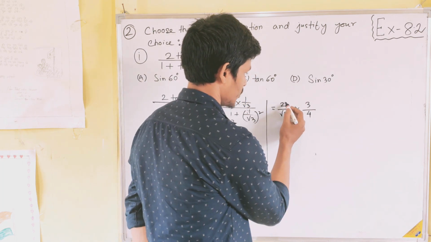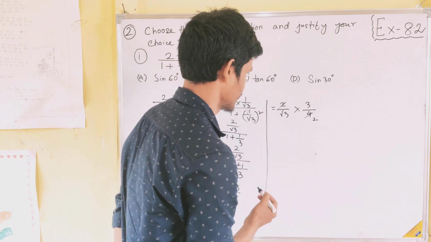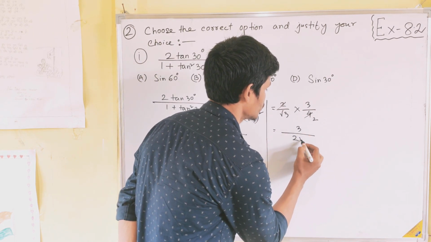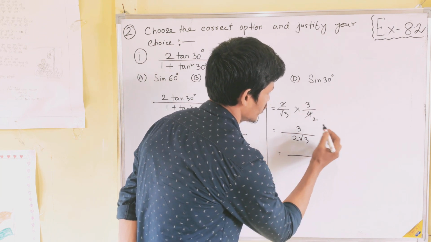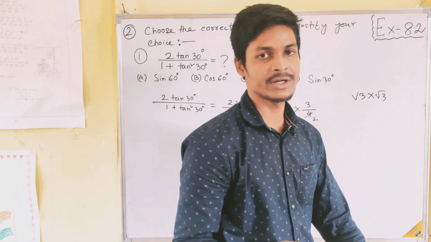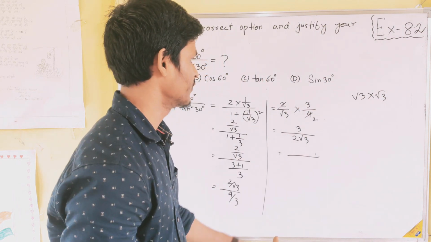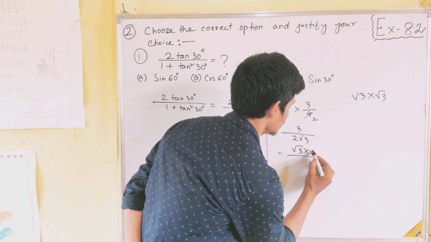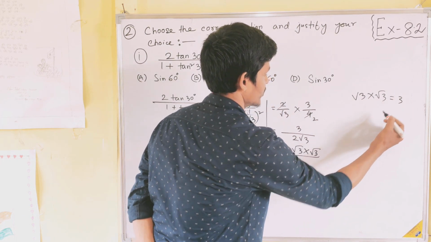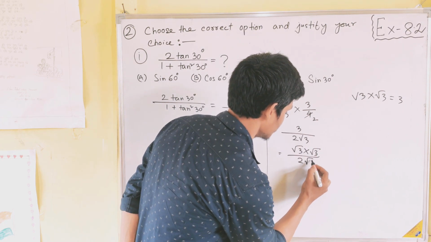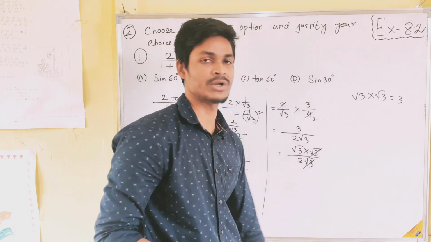Now 2 2s are 4, and what you have here is 3 by 2 root 3. You all know 3 is root 3 into root 3. So root 3 into root 3 is 3, and 2 root 3 will be in the denominator, so root 3 will cancel.